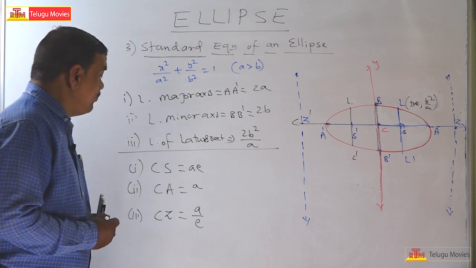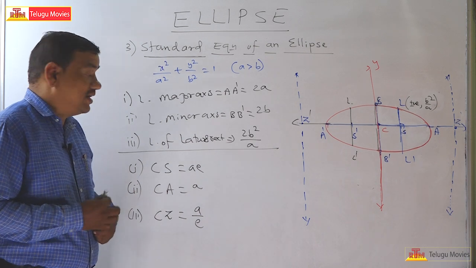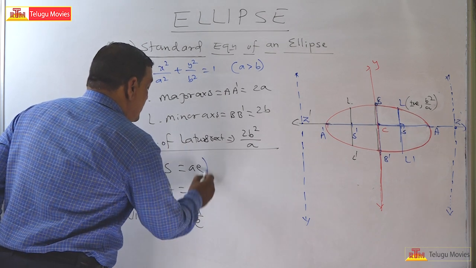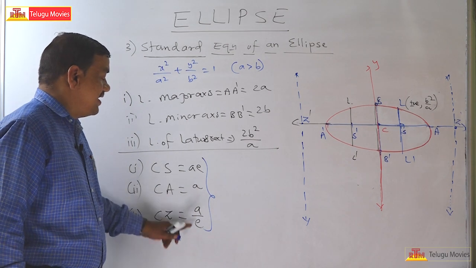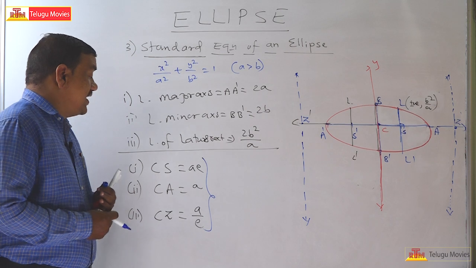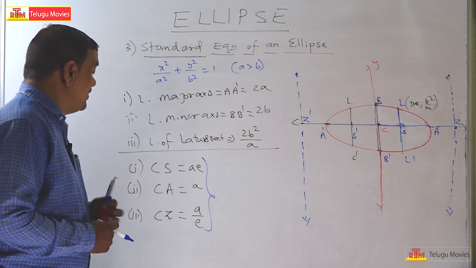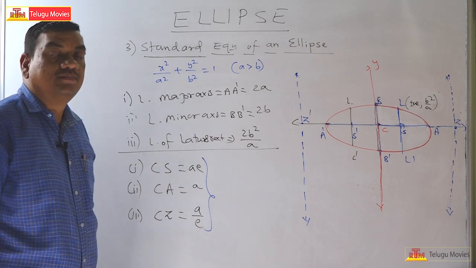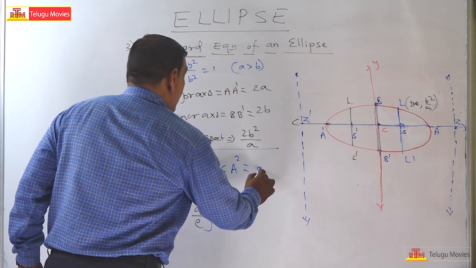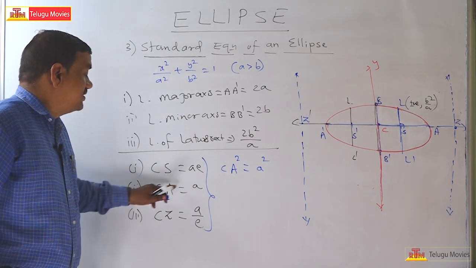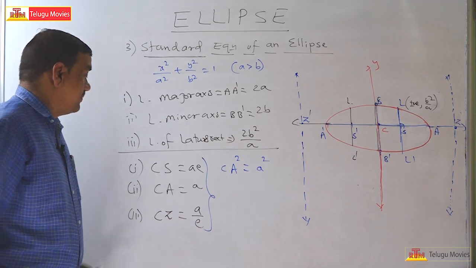Here, a very important point I am going to say now. After seeing these three values, that is AE, A, A by E, do you get any relation between CS, CA, CZ? See here, CA square is equal to A square.